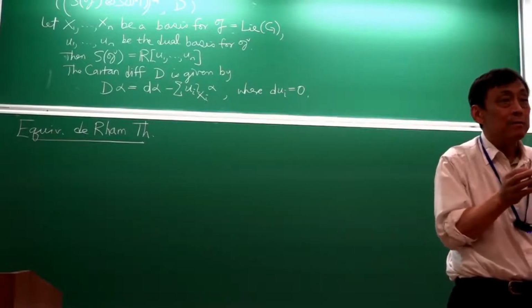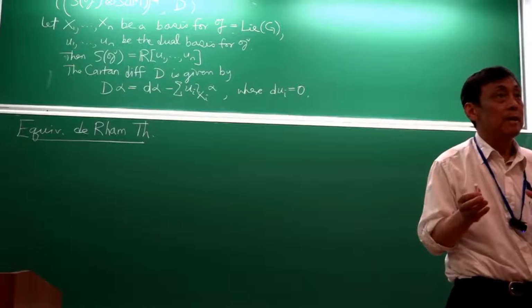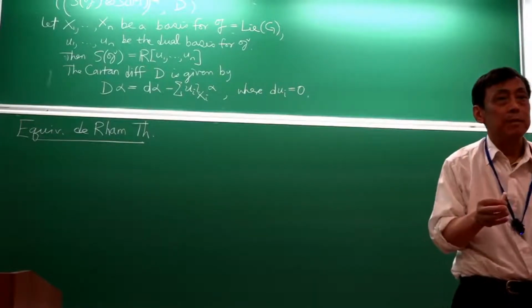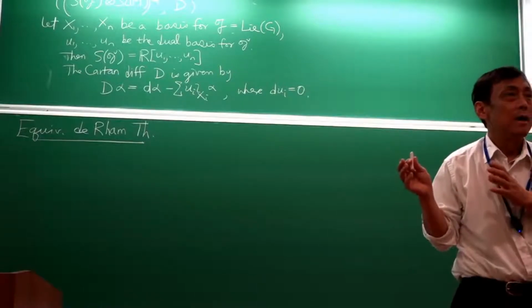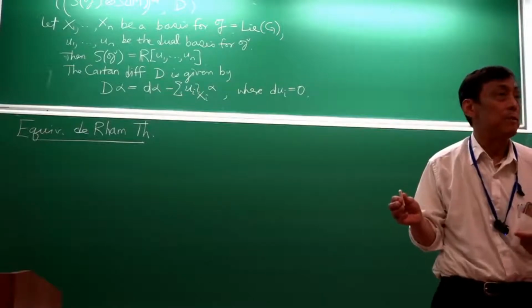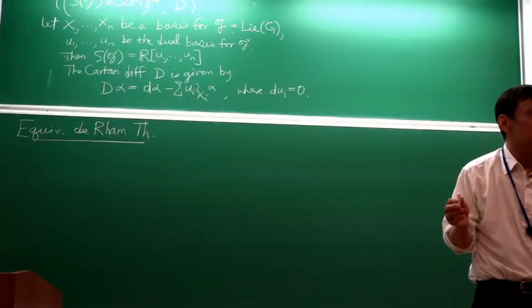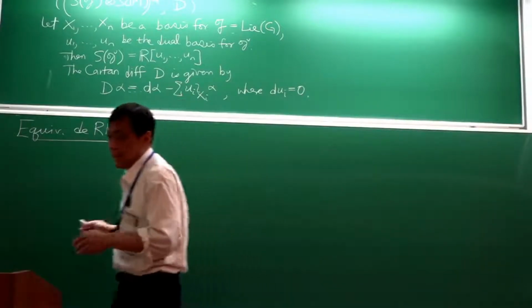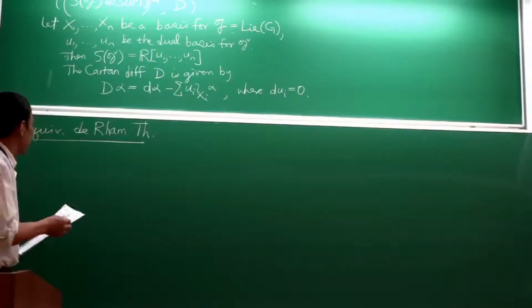And any compact Lie group can be embedded inside an orthogonal group. And therefore, any compact Lie group is a closed subgroup of an orthogonal group, and therefore its universal bundle is also the Stiefel variety. And this, we will meet in the proof of the Equivariant Cartan theorem.